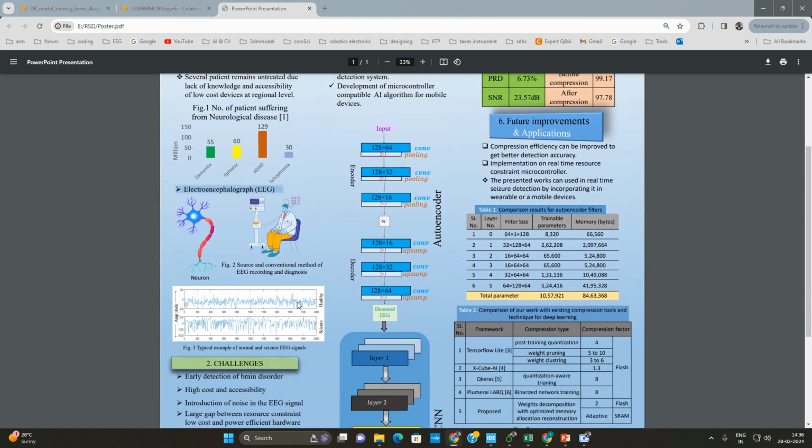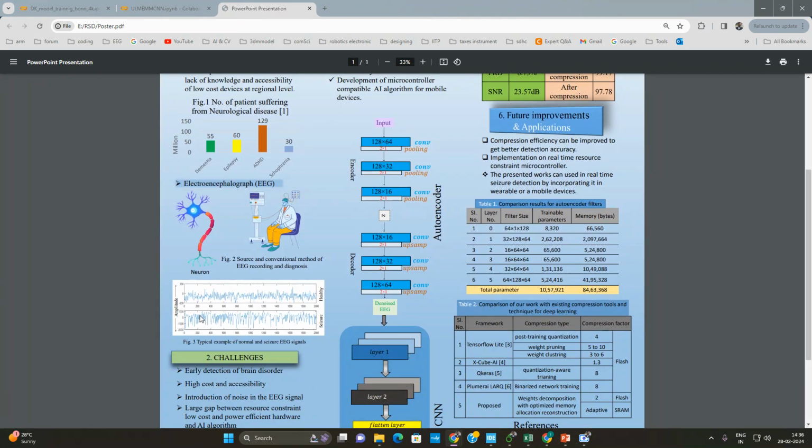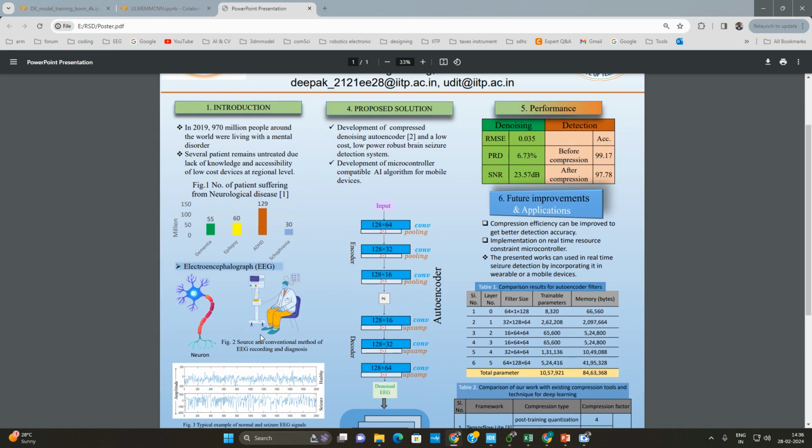In figure 3, these are the two signals captured from a healthy, non-seizure person and from a patient. The first one is a signal from the normal person, and the second one is the seizure signal from the patient.